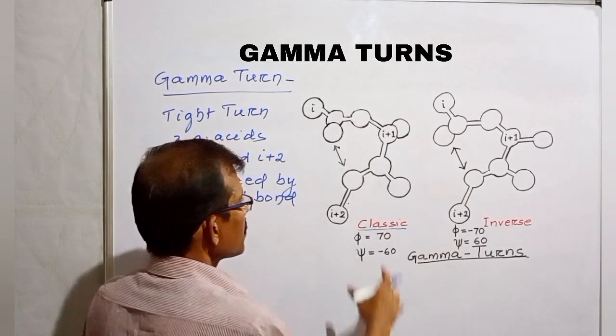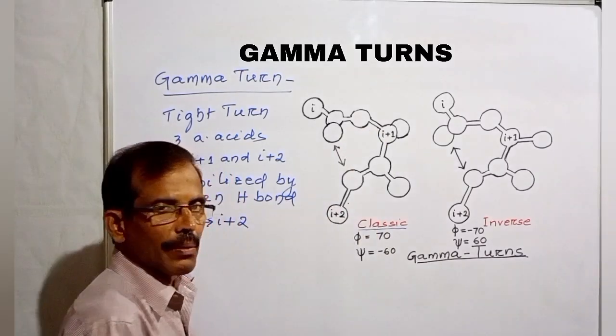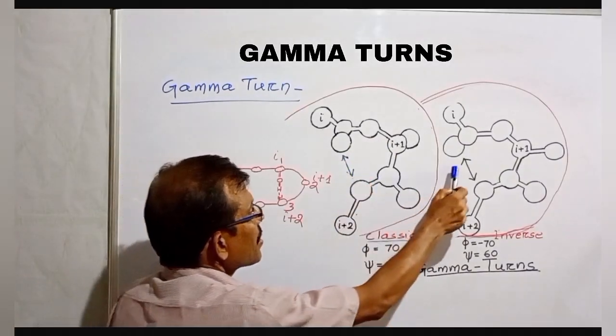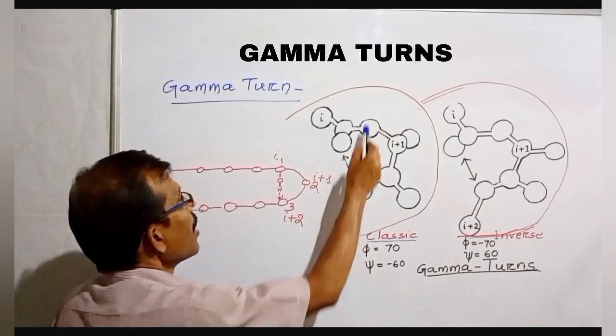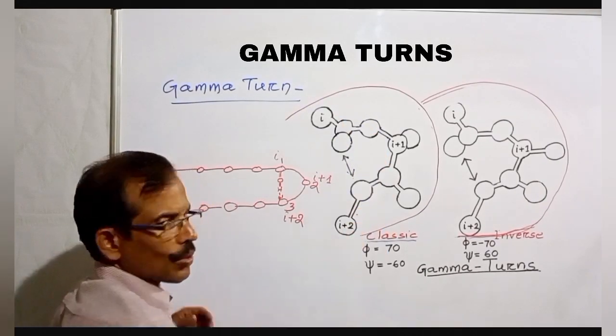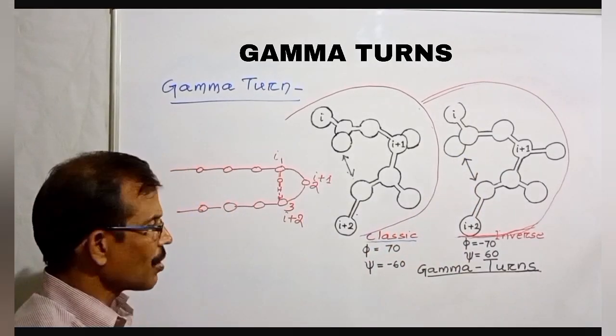In gamma turns, the end residues are separated by two peptide bonds. This is the inter-residue hydrogen bond which connects residue i and i plus 2. This bond provides stability to the gamma turn.